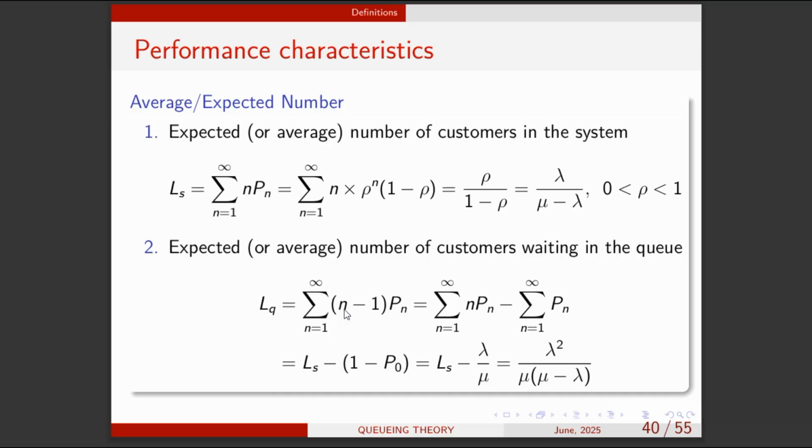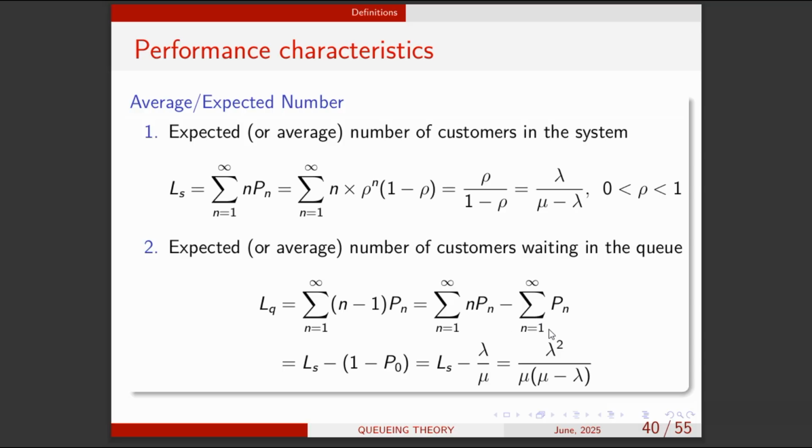Now we can expand this, and by expanding, we realize that we have the sum of n pn minus the sum of pn, from 1 to infinity. The first one is the same expression as Ls, so we don't need to bother ourselves with this side. So that's Ls minus the probability of at least one customer in the system, and we know that at least one means one minus no customer.